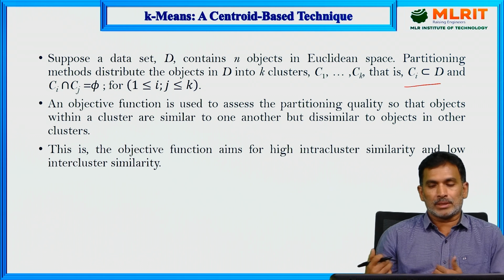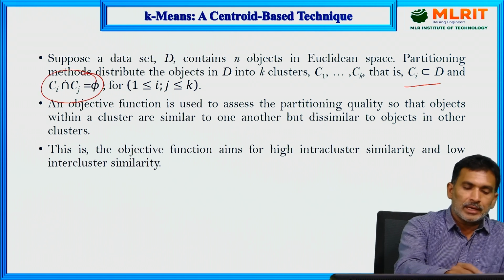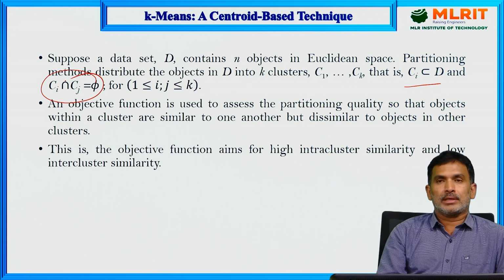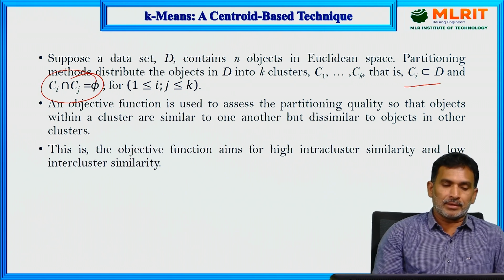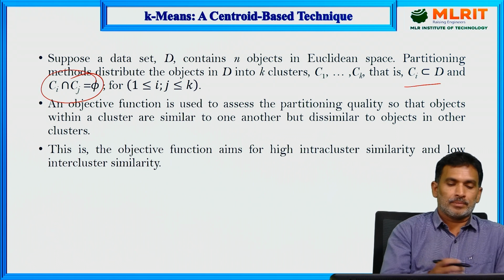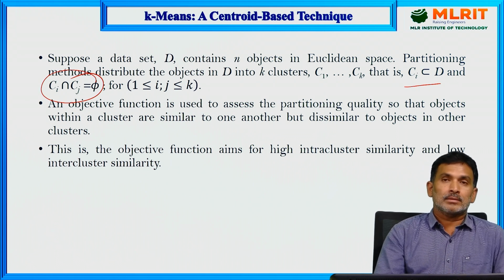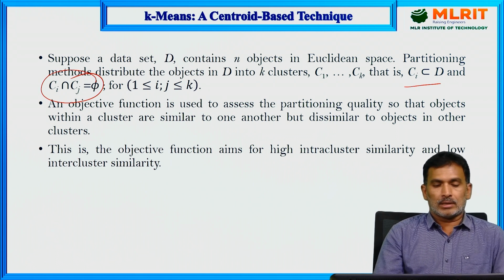There is no common object, which means no two clusters have common data objects, for i and j between 1 and k.